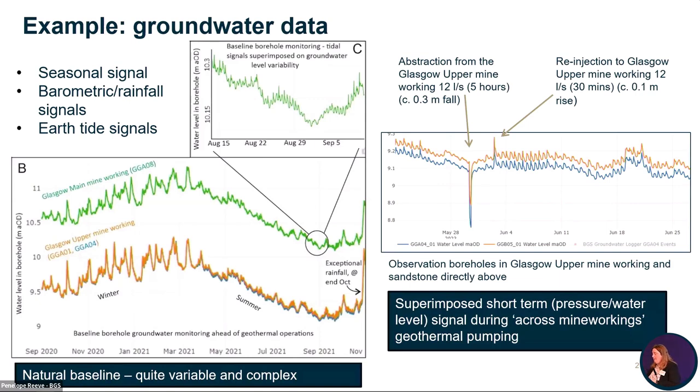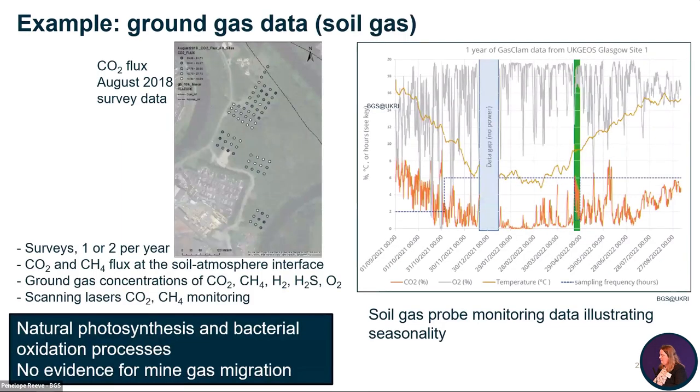One of them was an abstraction experiment, and one of them was a reinjection experiment. And their signature is really different to that from the baseline. So it just gives that example of why it's important to measure a baseline and to understand the response to the geothermal experimentation.